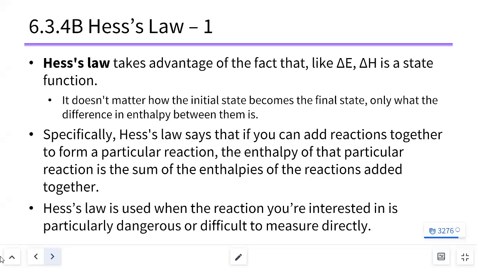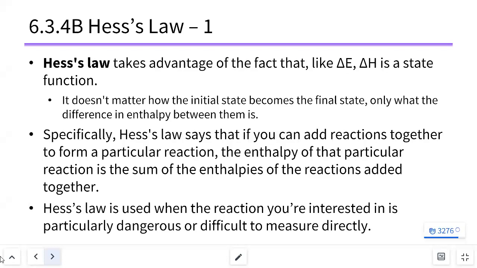And as a state function, what that means is that it's path independent. So I can figure out delta H through a series of steps or by doing it directly. It doesn't matter. The value would be the same either way.